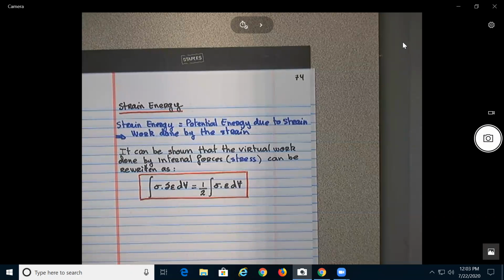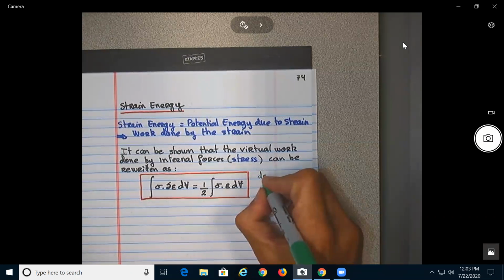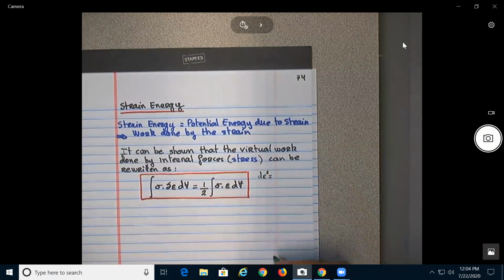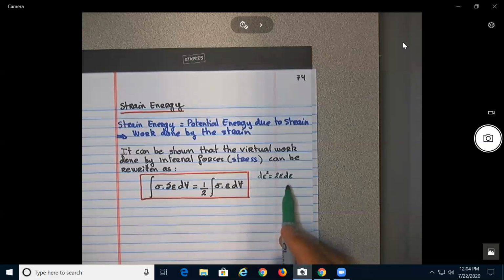Okay, without doing the derivation, I can give you a little hint of what's behind the idea. What is the derivative of d sigma square? D epsilon square will be 2 epsilon d epsilon, no?